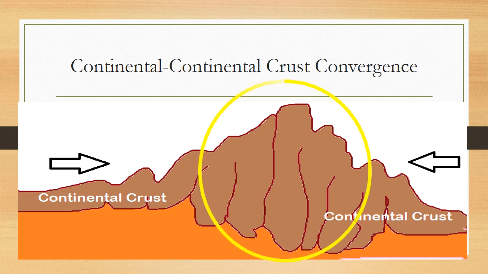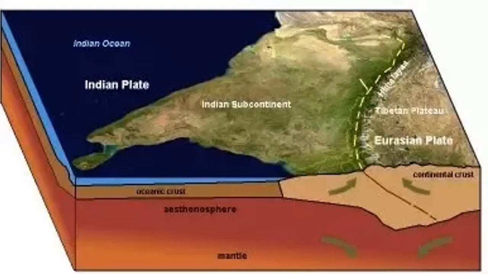The only thing that you should remember in this type of convergence is the collision zone, because at the collision zone, the crust is thicker since the edges of the two colliding continental crusts are folded. The best example is the collision of the Indian plate with the Eurasian plate, forming the Himalayan mountain range.